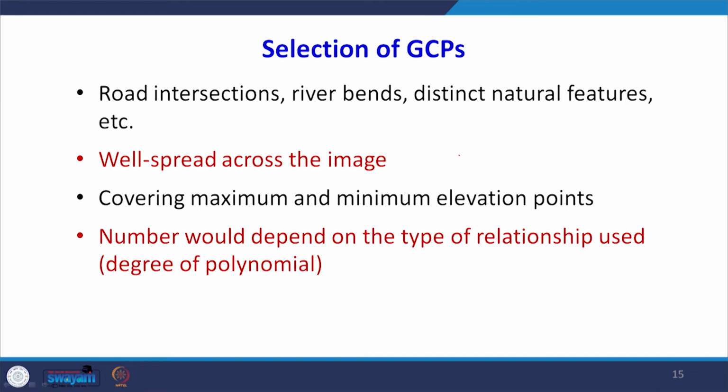So it could be road intersections, sharp river bends, or very distinct natural features, and you have to blow it up on the screen so that you can see up to the pixel level and identify the point there, because if you are away 2-3 pixels, then you are bound to get a large root mean square error.